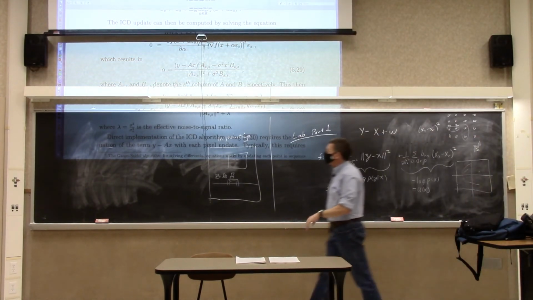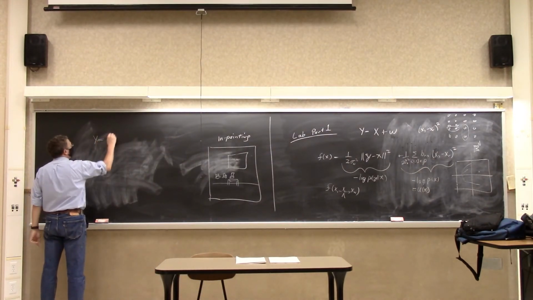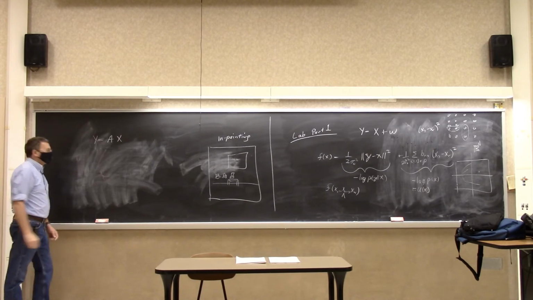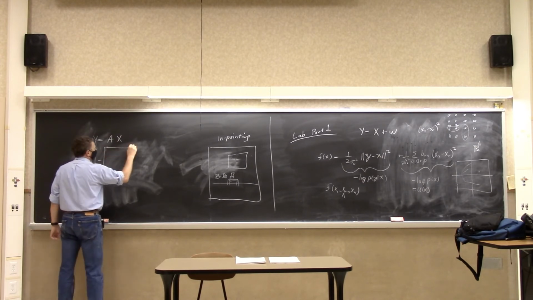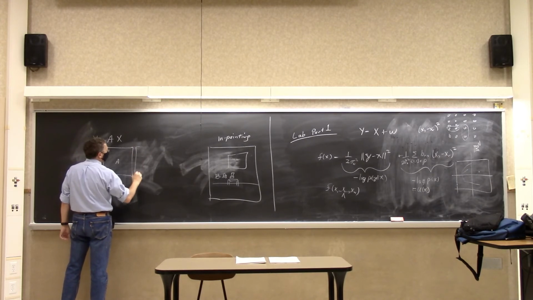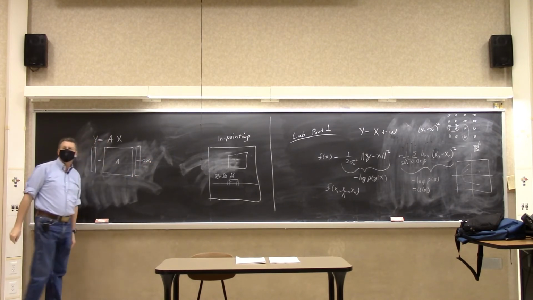So what happens is this. You have y equals Ax, right? That's the forward model. And that means that y looks like a vector like this. Then A is a matrix, and x is a vector. Now, if this is the pixel xs, it's right there someplace.